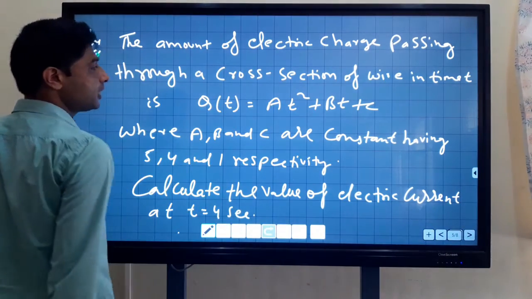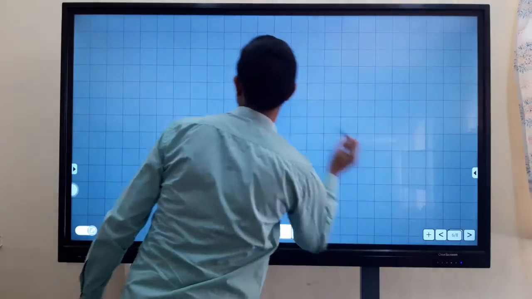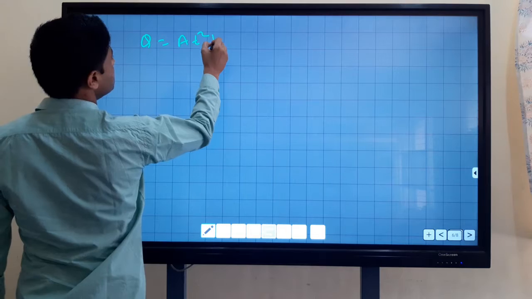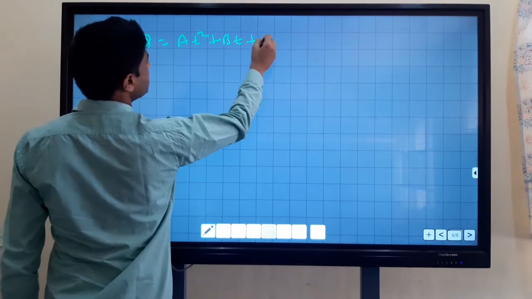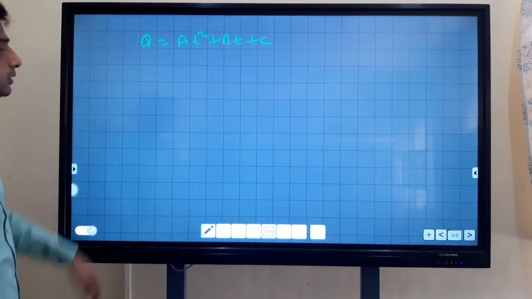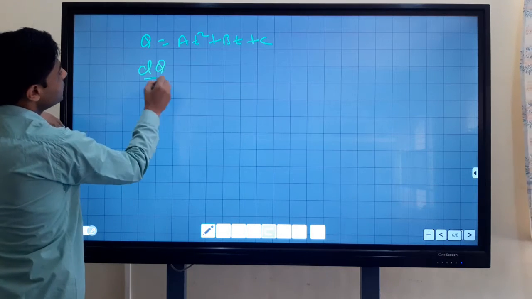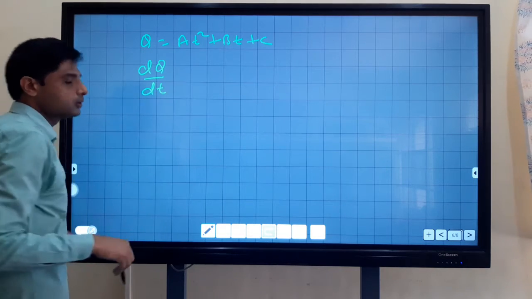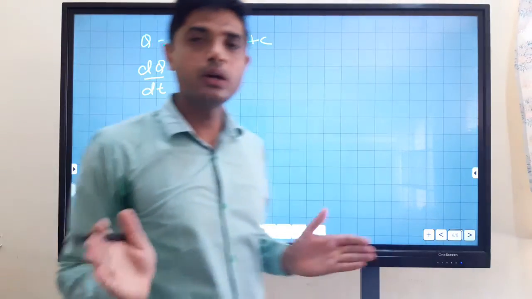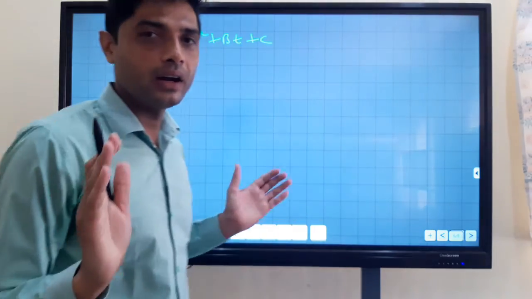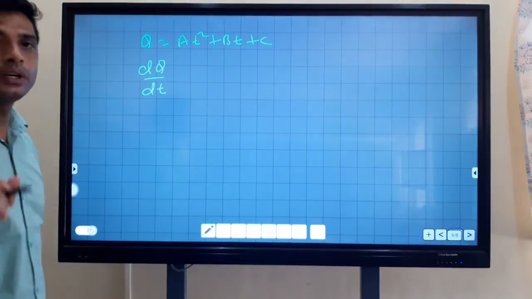Differentiate Q with respect to t, because the instantaneous value of current is found by differentiating dQ with respect to t.